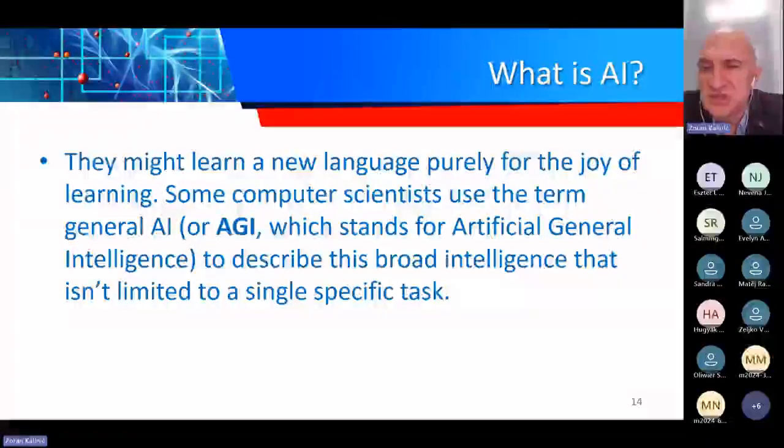But what is still not, at least we don't know that it is reached, is that artificial intelligence systems have emotions or have self-consciousness, that they recognize themselves as an entity.